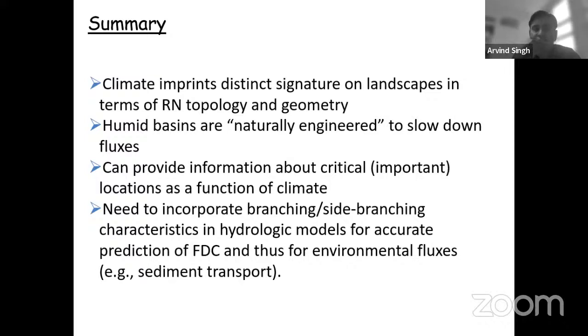This particular framework, the phase transition approach, can provide information about critical or important locations on the landscape as a function of climate. And we need to incorporate side branching characteristics in hydrologic models for accurate prediction of flow duration curves, and thus for environmental fluxes such as sediment transport or discharge.